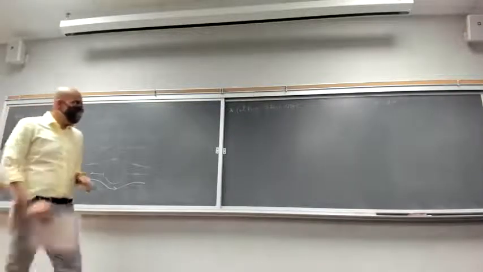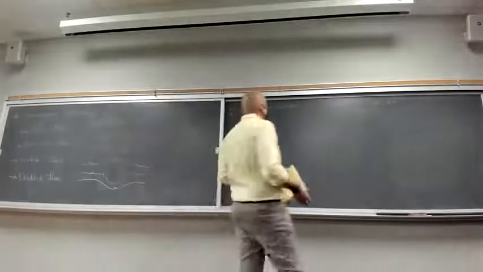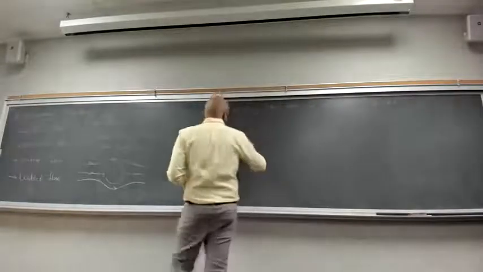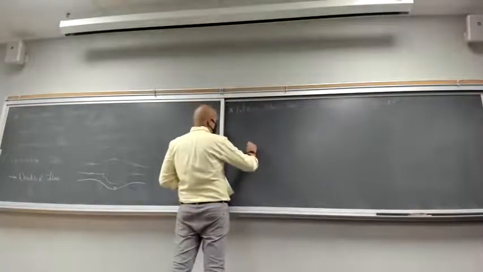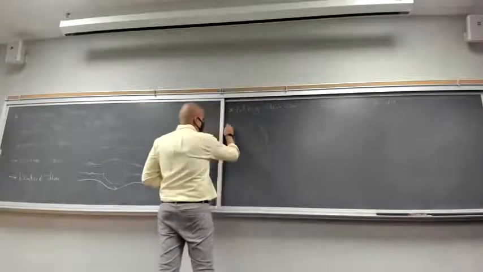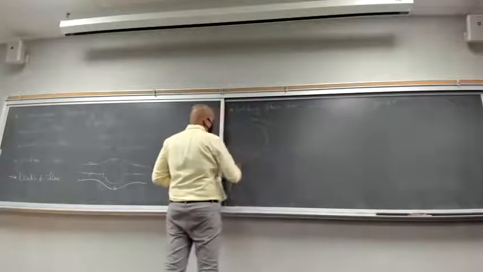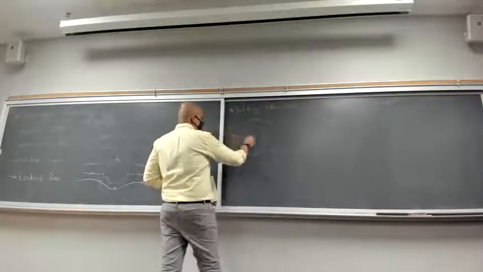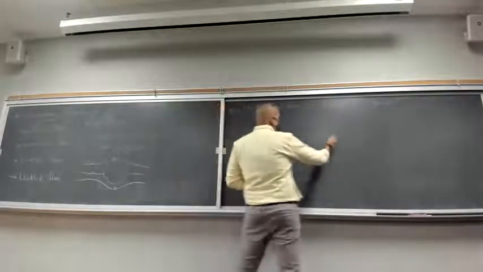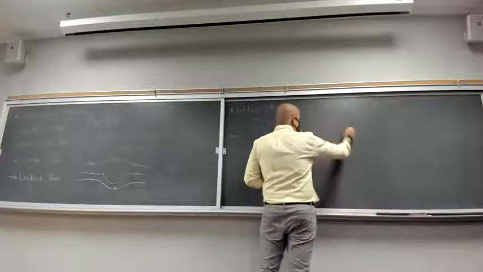So let's pick up where we left off. Let's talk about the lifting flow. Lifting flow over a rotating cylinder is essentially a combination of your regular flow over a cylinder plus a rotating disk.